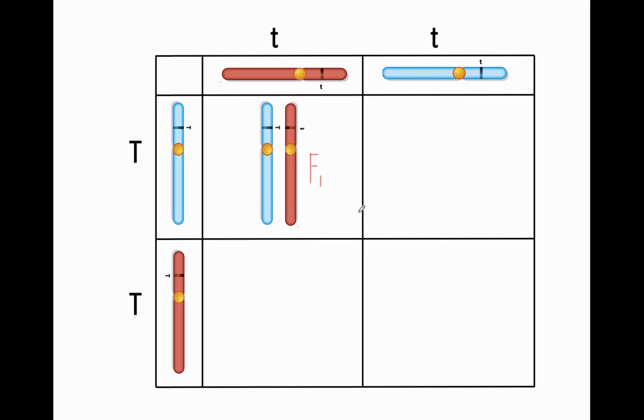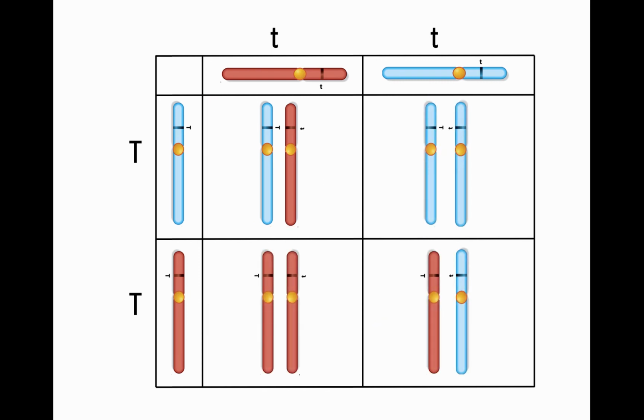And if you brought this gamete together with this gamete, and this gamete together with this gamete, you should be able to work out all the possible combinations of the offspring in the F1. And if you do that, what you'll end up seeing is that everything's going to be the same.